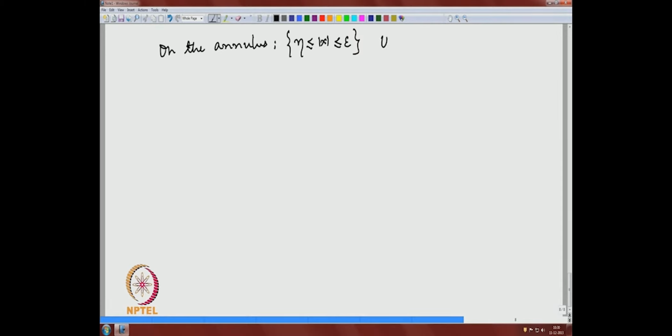The function grad v dot f is negative and attains its maximum.